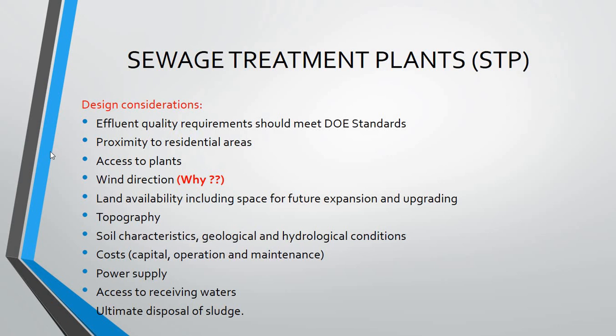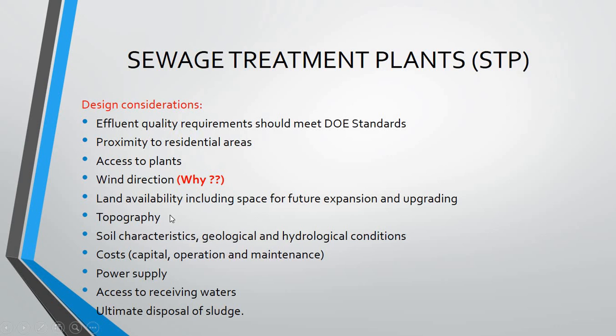The wind direction is very important when we choose the location of a treatment system, because of the odor and smells, the odor transmission from the treatment plant to neighboring residential areas. Of course we have to consider the land availability, and we must include space for future expansion and upgrading of this system.